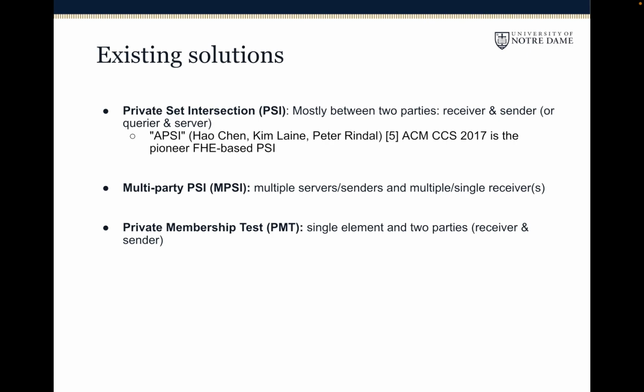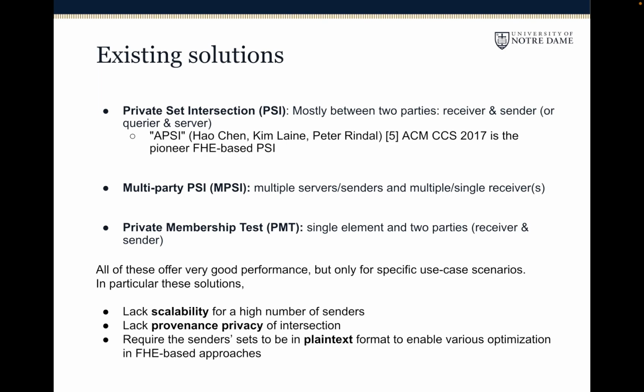And similarly, there are other works under MPSI and PMT as well, which provide solutions. However, these solutions are only useful for a specific use case scenario and provide only partial solutions. In particular, they lack scalability, provenance privacy, and require the senders to hold the sets in plain text.